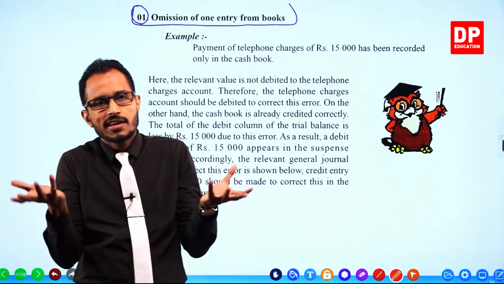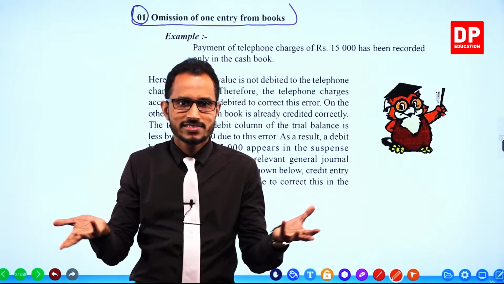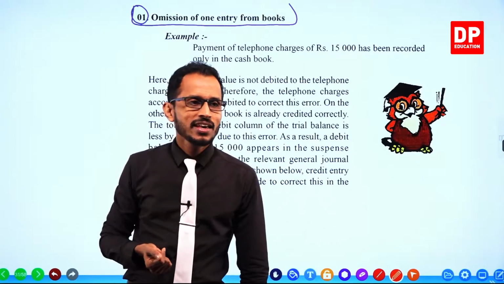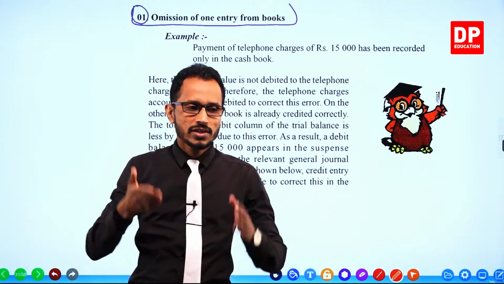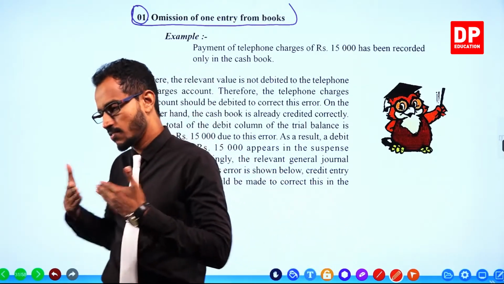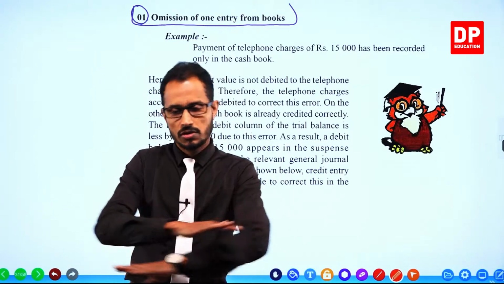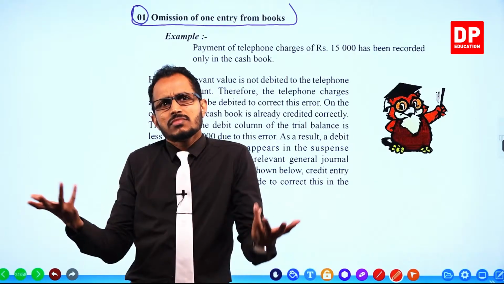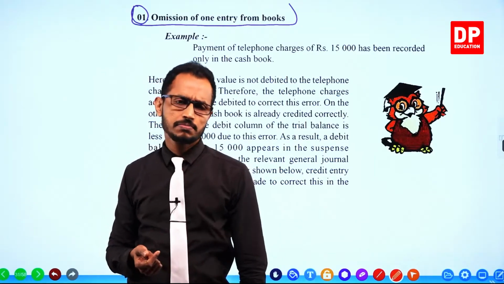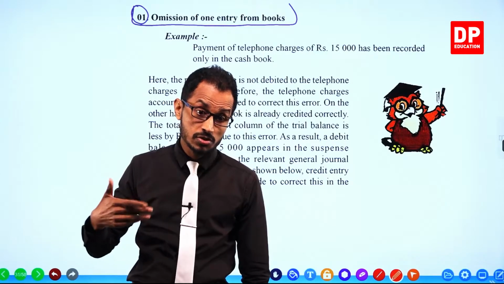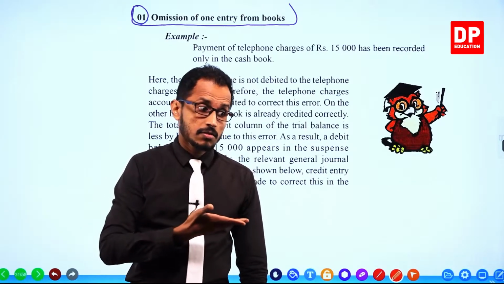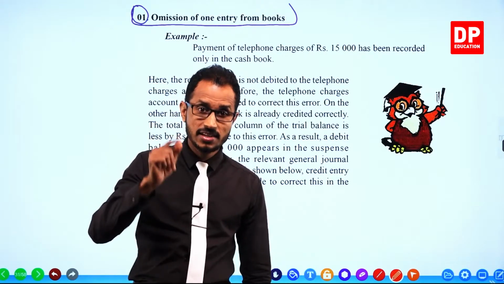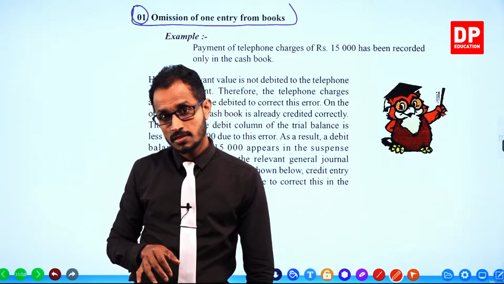So it doesn't make a difference in the trial balance. Obviously, if a transaction is not entered in the debit side and not entered in the credit side, that means it is completely not recorded. The trial balance is not affected. Of course, it's an error. We must enter every single transaction.